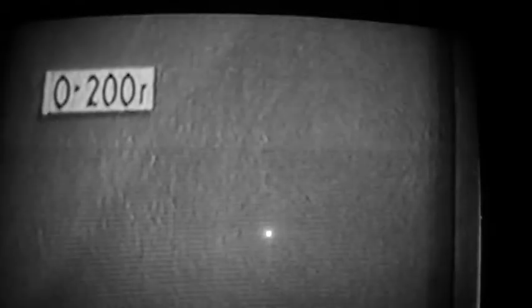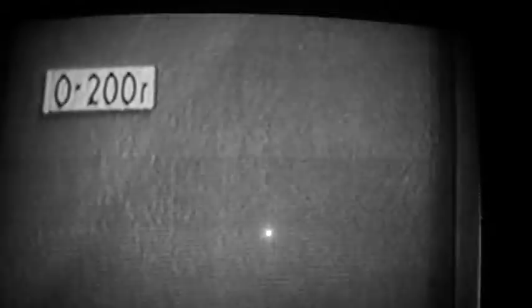But now to our question of how much is too much. Exposure of the whole body to less than 200 Roentgens within 1 to 2 days will not seriously incapacitate you. If this exposure were received over a longer period of time, it would be even less serious.